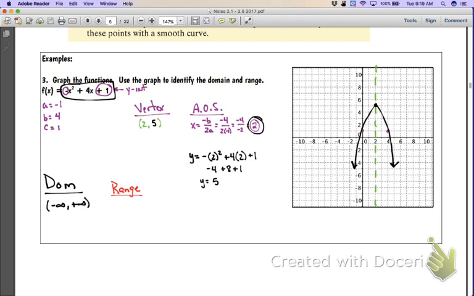Where's your lowest value? Where's your highest value? Negative infinity to 5, making sure that 5 is included. Whatever this value is, right here, it will go with your range somehow, every single time.